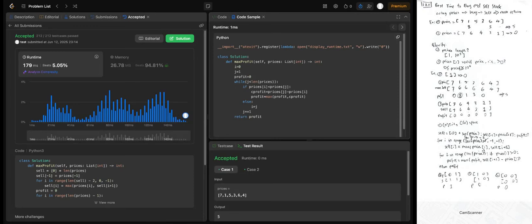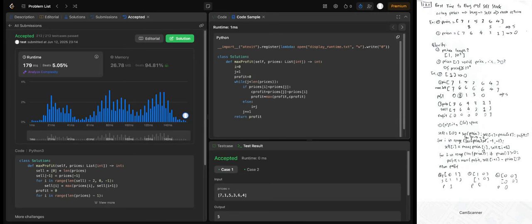And then we increase the j. Oh, I see. But I think this would still end up in O(n) time, but it does save up the space complexity because we don't need to use, in our case, our sell array. That is pretty smart here.